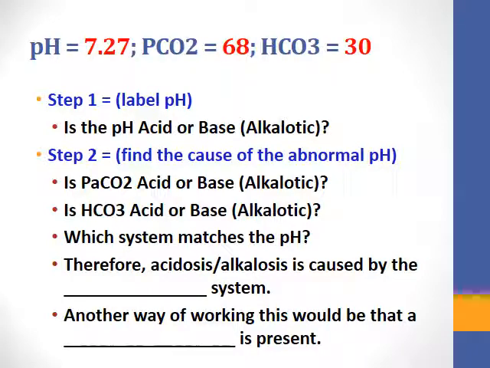Okay, now that you've written these down, you need to look at them and decide if it's caused by the respiratory or the metabolic. Is it the kidneys or is it the lungs that is causing the problem here? Then fill in the blanks, and on the next slide I have the information written for you. So try to figure this out, pause it, and then we'll go to the next slide.